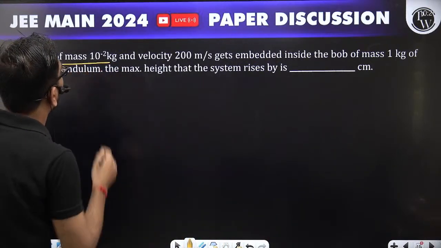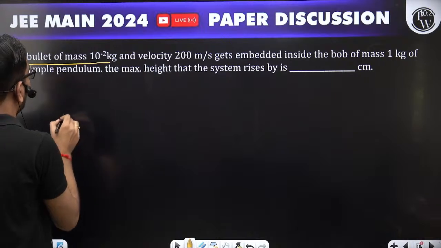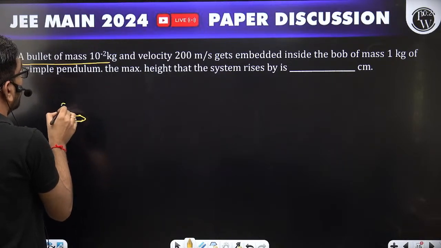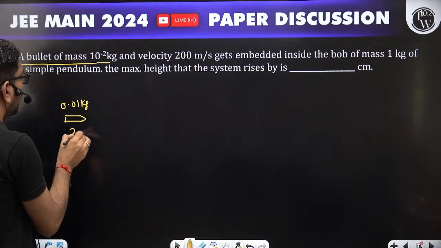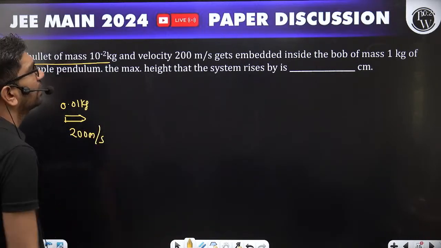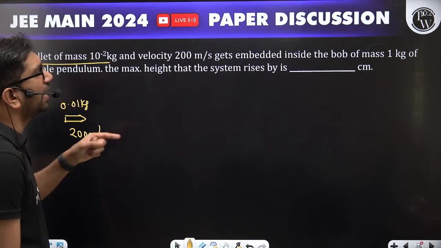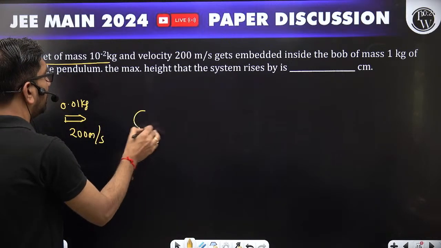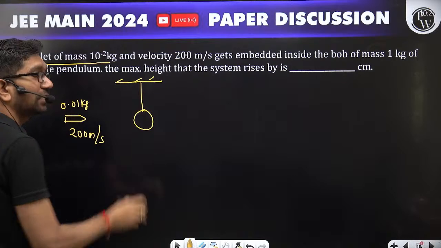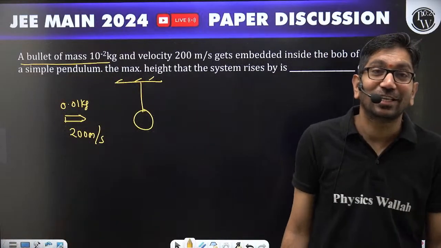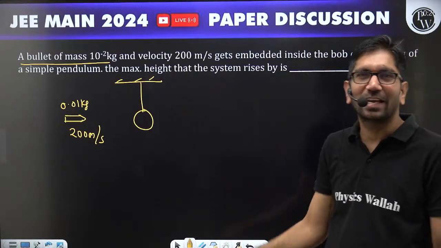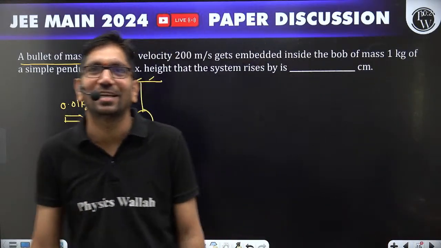A bullet of mass, the mass of the bullet he has given is 0.01 kg, and it has a velocity of 200 meter per second, right? It gets embedded inside the bob of mass 1 kg. So this type of questions you have solved so many, right? After seeing the diagram, directly conservation of momentum we write, right?